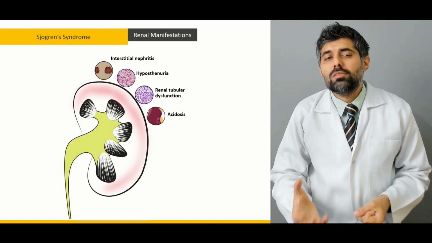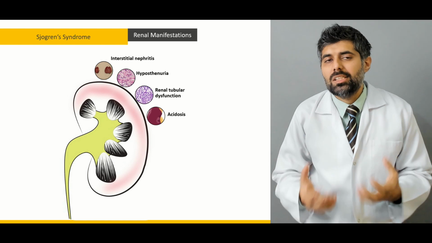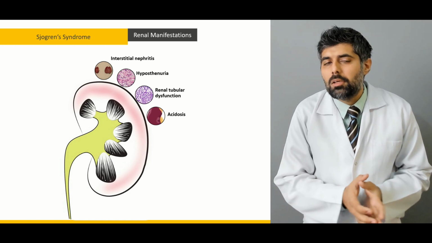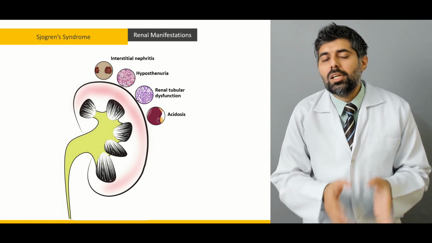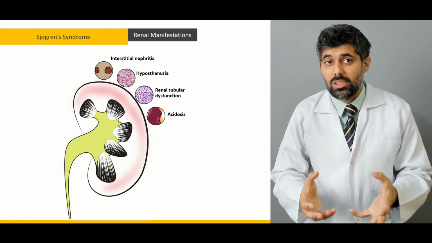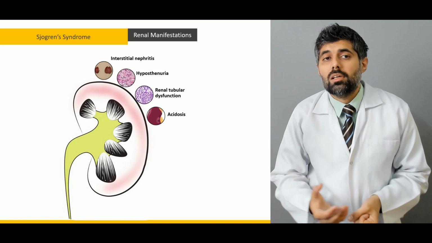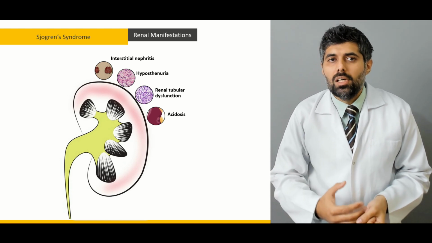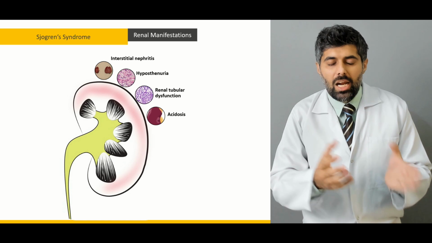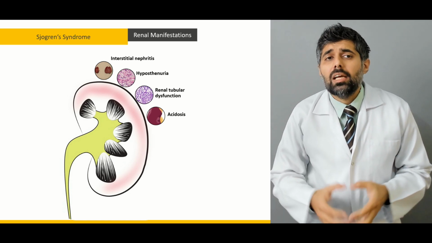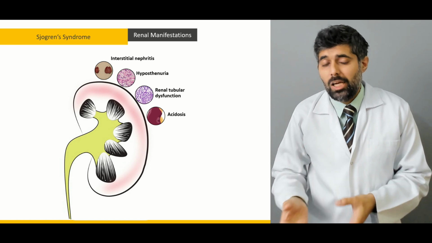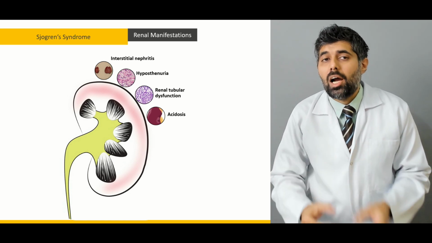And because of this dysfunction, we get a condition which is usually termed renal tubular acidosis. And this renal tubular acidosis results in an acidic environment inside the cortex and the medulla of the kidney, resulting in both diluted urine and highly acidic urine.